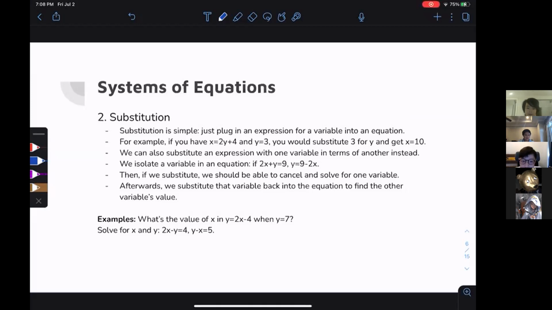So y is 7, so we put that in the equation, so we get 7 equals 2x minus 4. Then you add 4 to both sides to get 11 equals 2x, and now you just divide by 2.